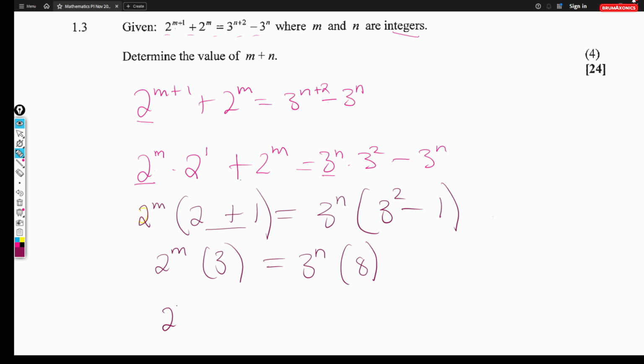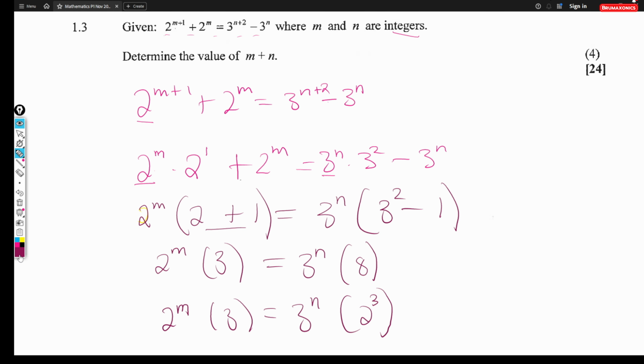So we're going to say 2 to the exponent m, and then 3 this side, and then 3 to the exponent n, and this one will be 2 to the exponent 3. If you don't know about this, please go and watch my mathematics series. You'll be able to understand how this works.